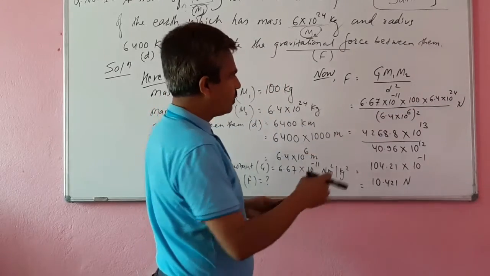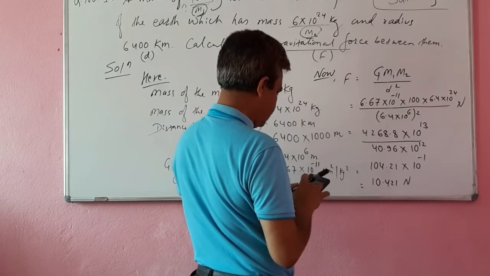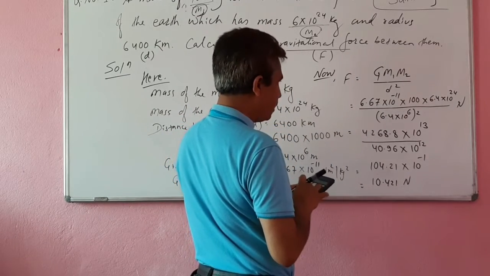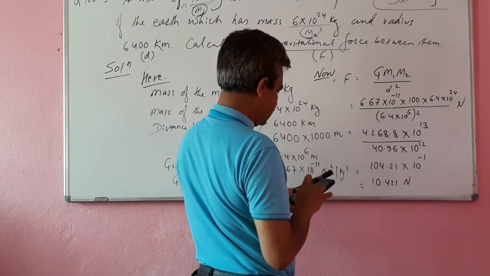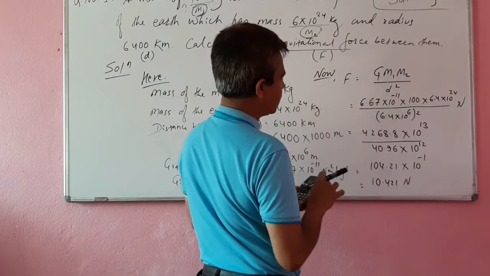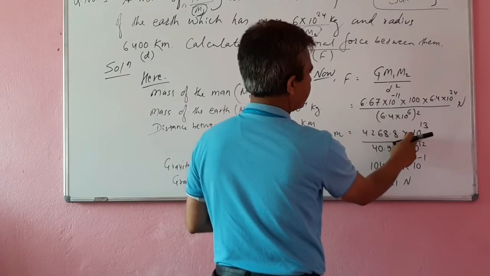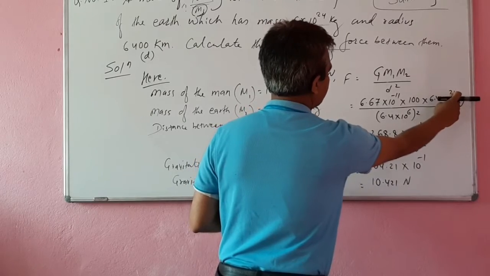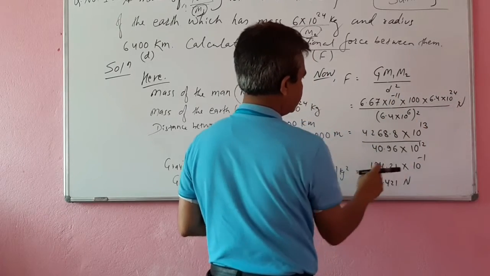What I did, I multiplied 6.67 by 100 by 6.4. It came 4268.8, multiplied by 10 to the power 24 minus 11, which means 13.